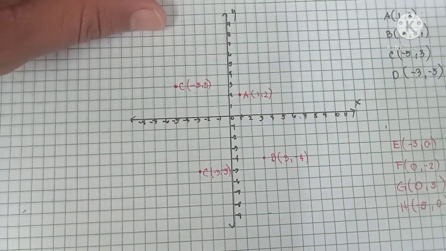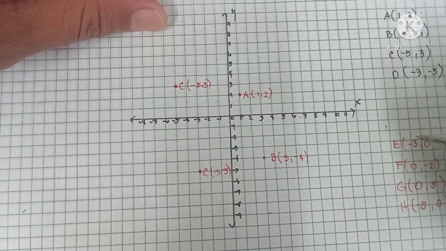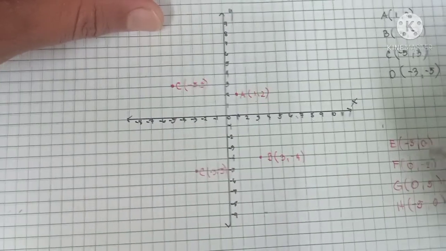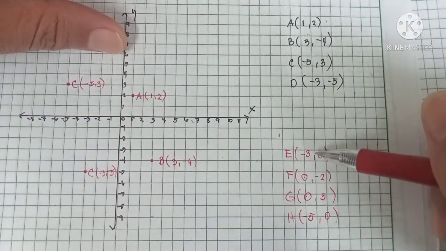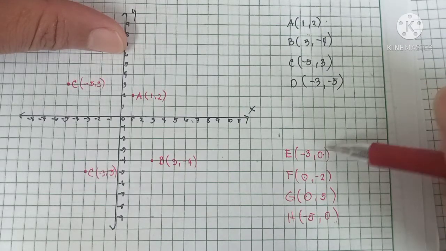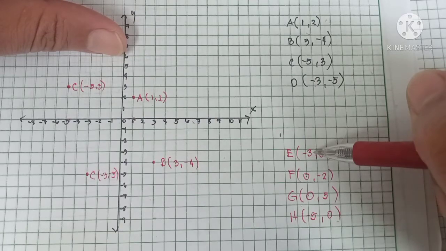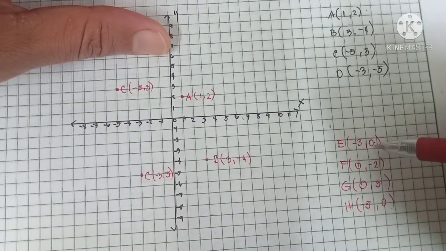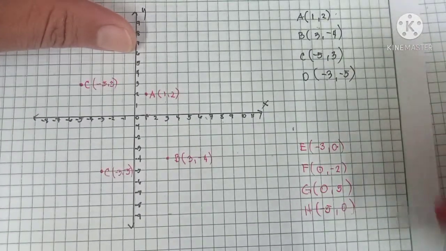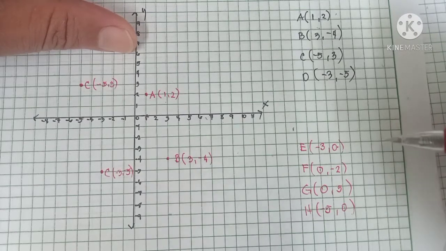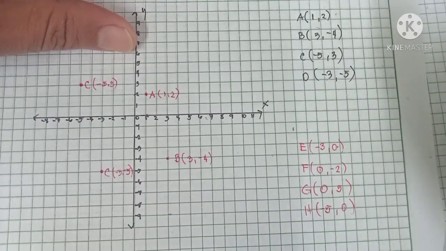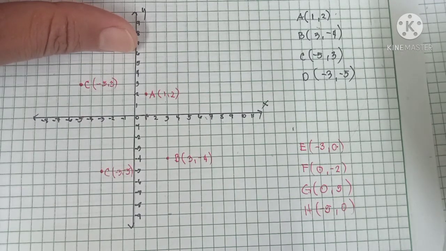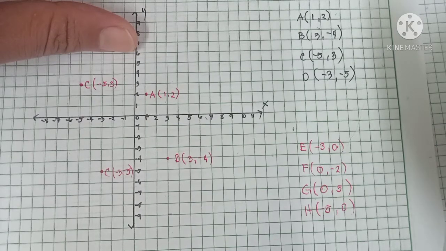Okay, so how are we going to do that one? E here is negative 3, 0. So take note again that the first number is the X value, and this is our Y. So just locate immediately our X, that is negative 3. Since our Y is 0, we're not going to move upwards. We're not going to locate other than 0 for our y-axis in terms of numbers, either positive or negative.